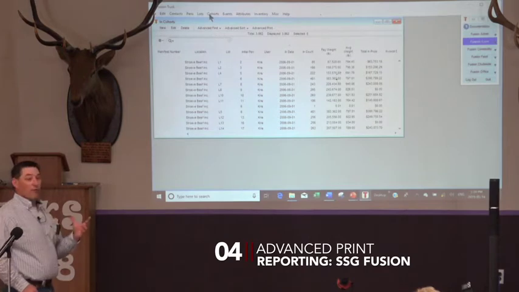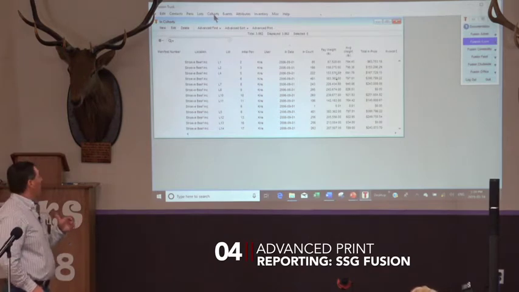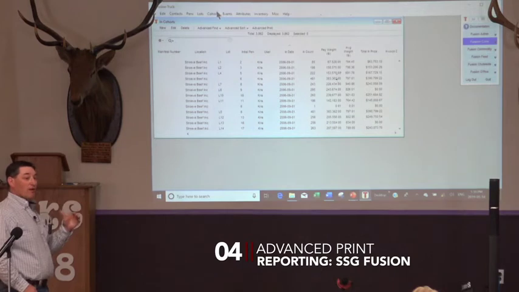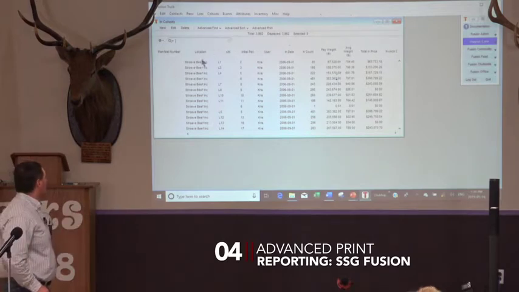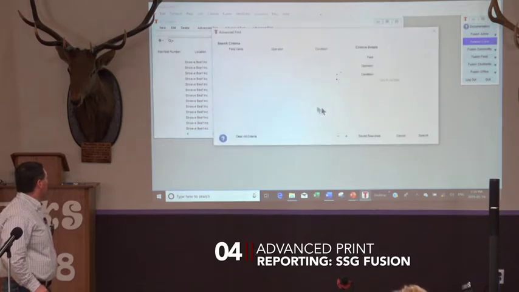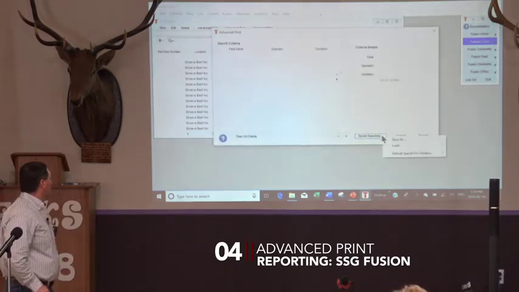Usually when I'm making a new report, as I make changes to it, I'll try printing it out on the print preview and just see how it looks, and then you can make modifications to it as you go. So I'm just going to narrow this down a little bit.